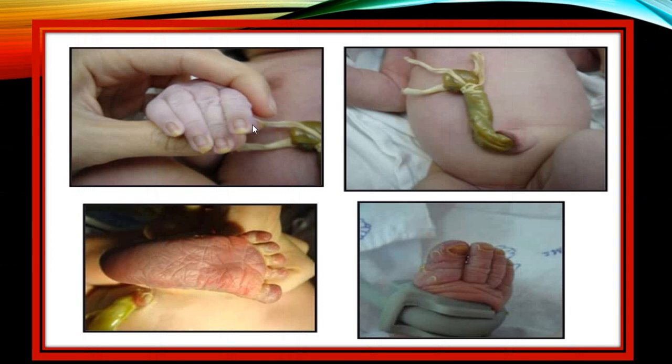So as you see here, again the nail is long, a sign of post-maturity, and the wrinkled skin of the feet is another sign of post-maturity. So this is meconium staining, which is common in post-term babies. The significance of meconium staining is the meconium aspiration that may cause congenital pneumonia or meconium aspiration pneumonia.